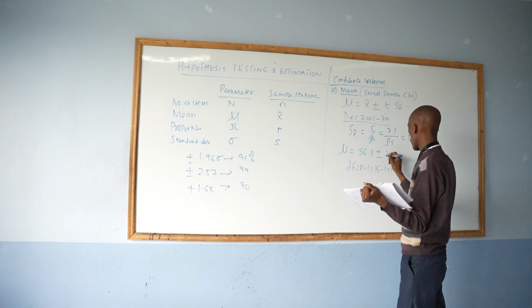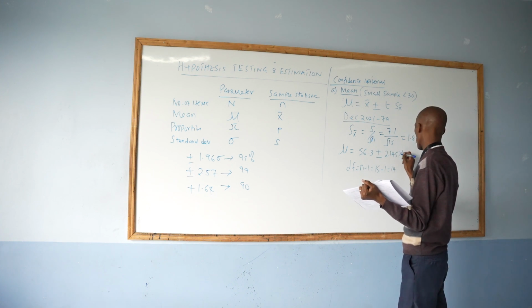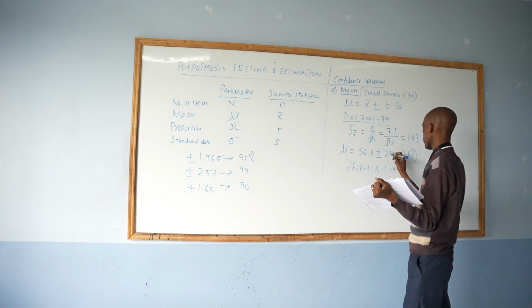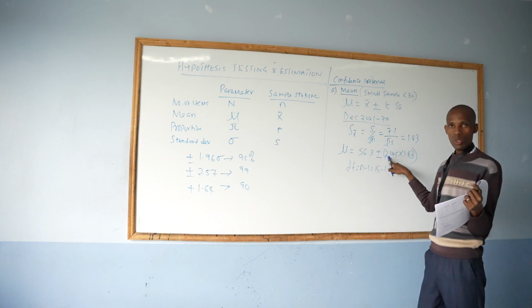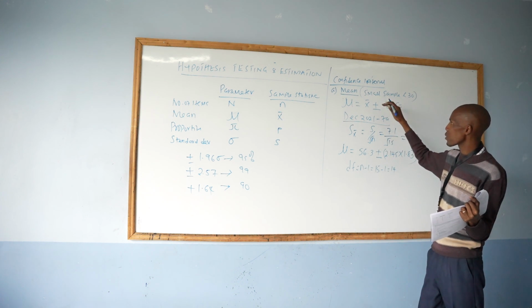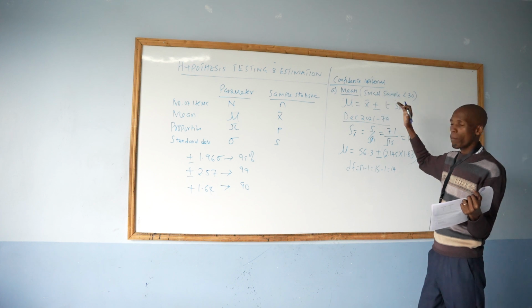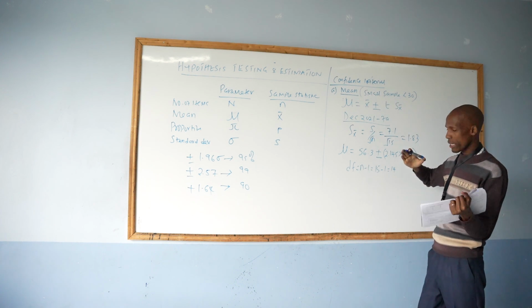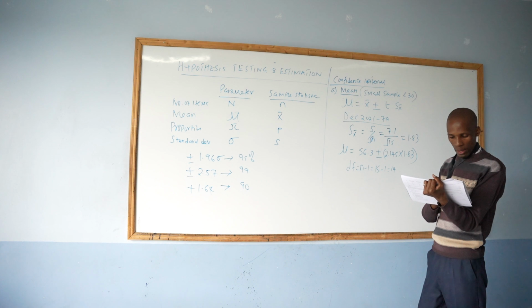So you say 2.145 times 1.83. We are using the t table because the t table applies when we are talking about less than 30 items, like in this case. So we are saying 95 against df 14.